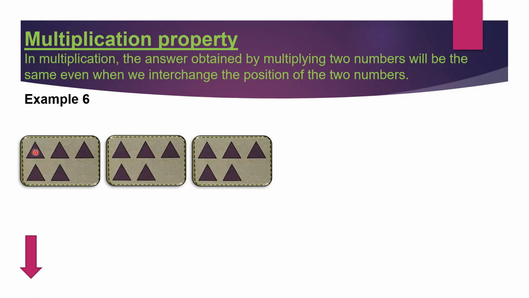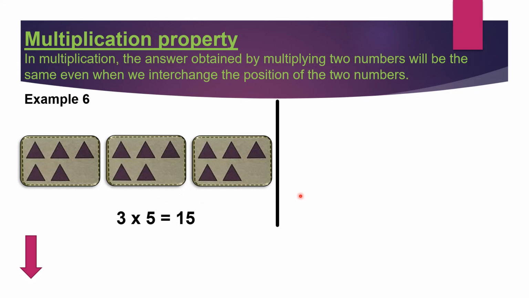In one group, how many? 1, 2, 3, 4, 5. So 3 groups of 5. So 3 times 5 equals 15.